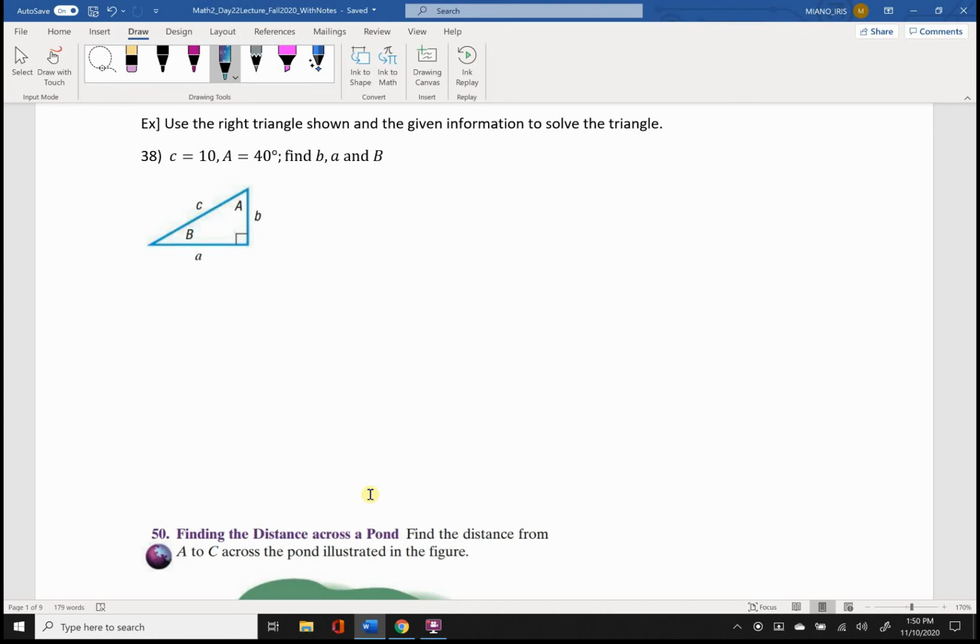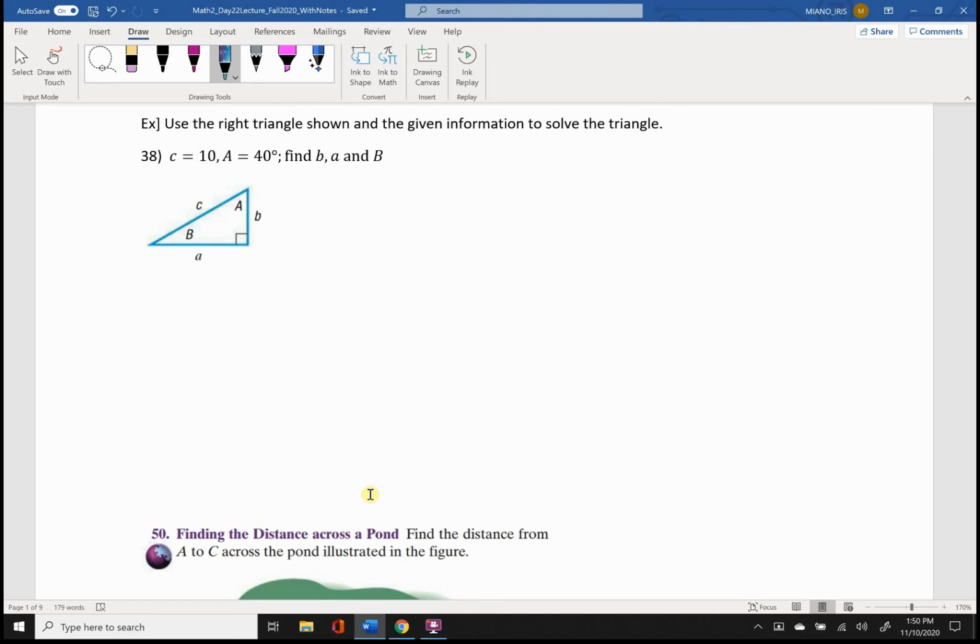We're going to use the given information that lowercase c's length is 10, A's angle measurement is 40 degrees, and we need to find capital B's angle measurement and the lengths of lowercase a and b. For this one, you're going to need some sort of scientific calculator, but it's nothing we can't handle. I'll describe the buttons you want to push.